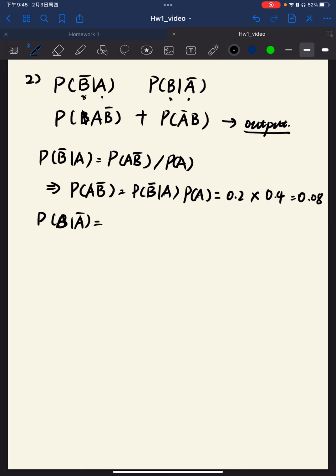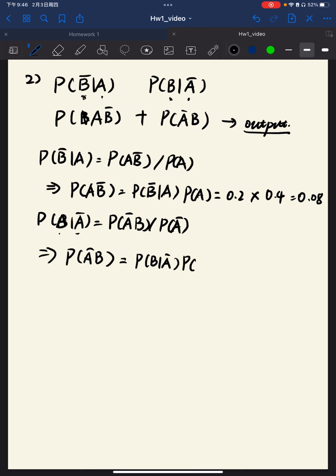And also the other error, sending 0 but receiving 1, is the intersection of A bar and B divided by the probability of A bar, and it refers to the probability of the intersection of A bar and B, which equals the conditional probability times the probability of A bar.